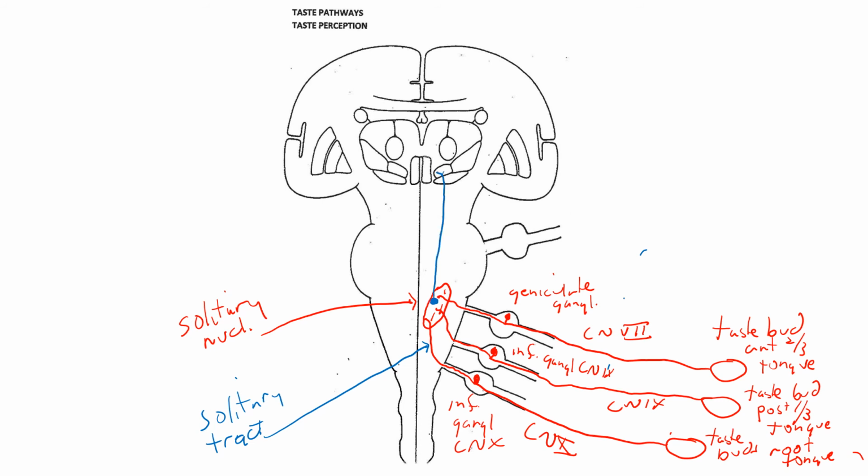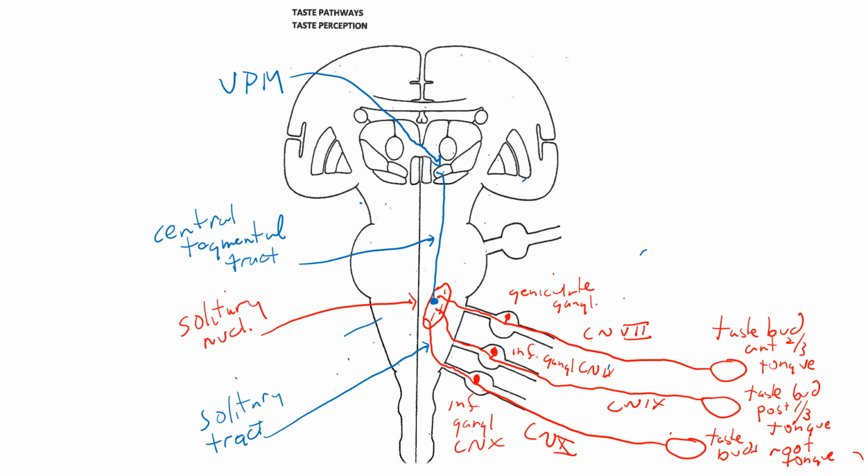These neurons are going to ascend in the central tegmental tract, and just like any other of our sensory information, these are going to go to the thalamus. Specifically, these are going to go to VPM of the thalamus.